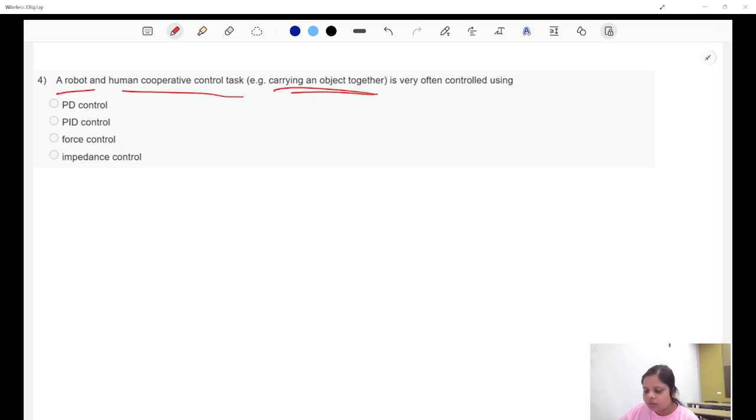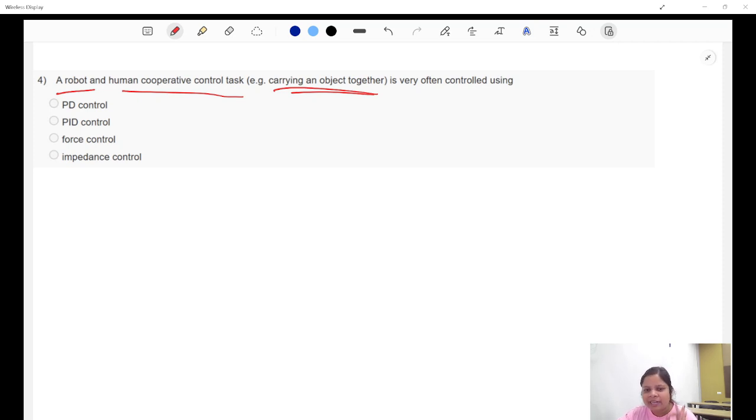PD control, PID control, force control, or impedance control. So when a robot and a human physically interact, especially in collaboration or co-manipulation tasks, what should the controller take care of?